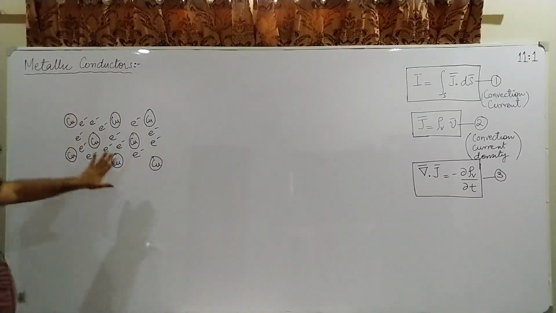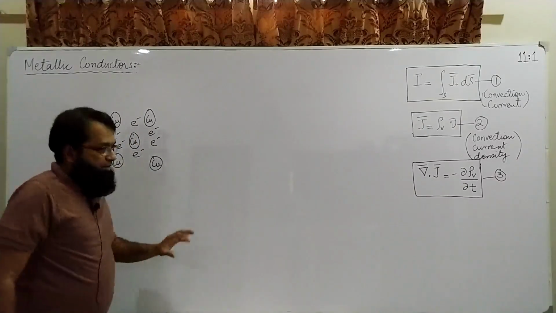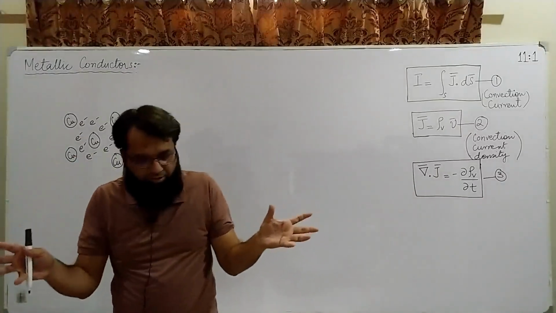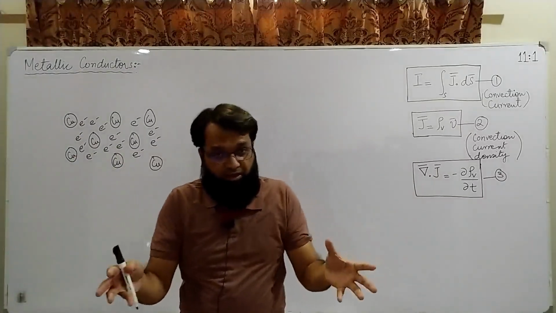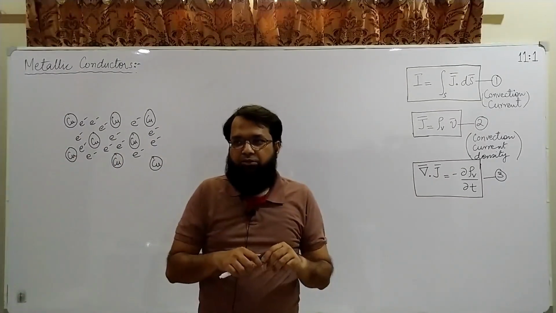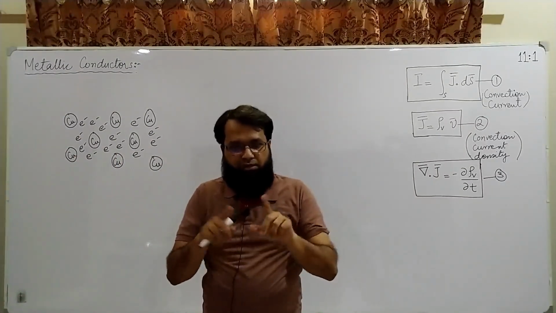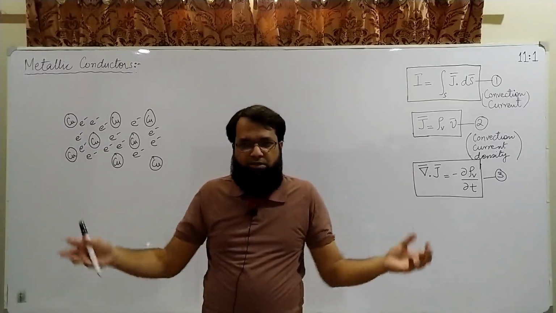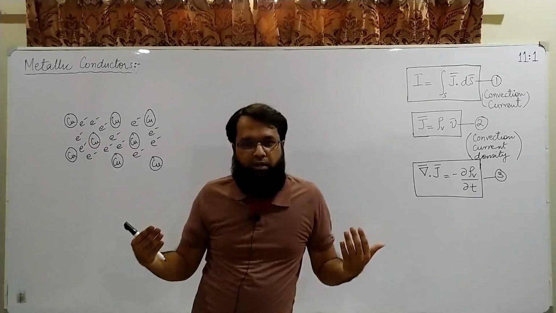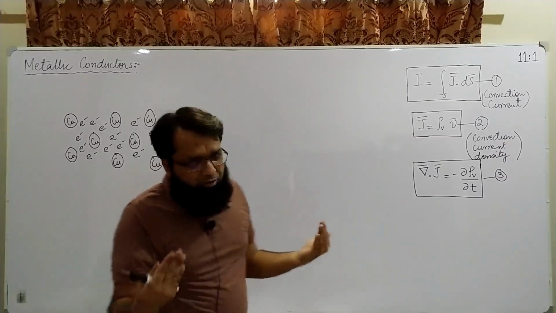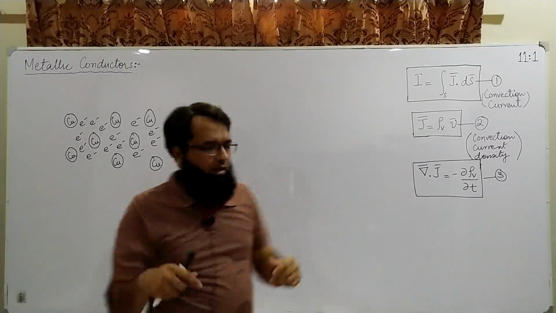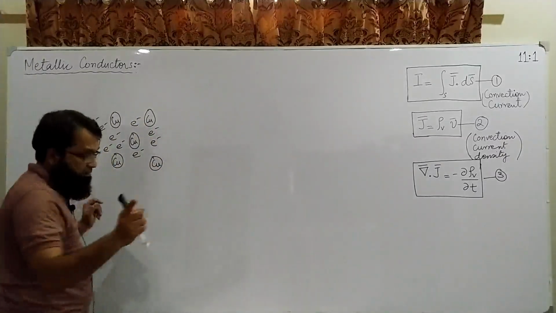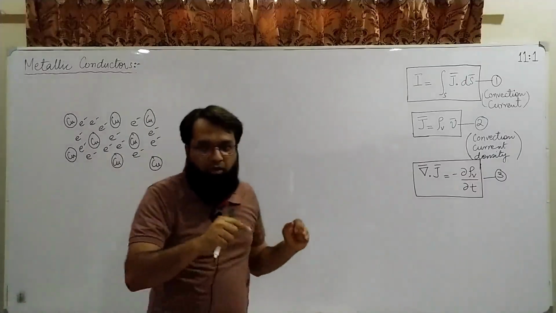So we have just seen that good conductors are the conductors whose crystalline structure or chemical properties are such that as soon as you are above 0 Kelvin temperature, they absorb energy in the form of thermal energy from the surroundings, and their valence electrons quickly jump into the conduction band and become free for conduction. That's why they are called conductors. By the way, insulators can also acquire energy.